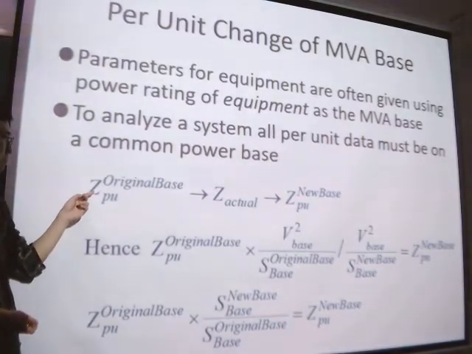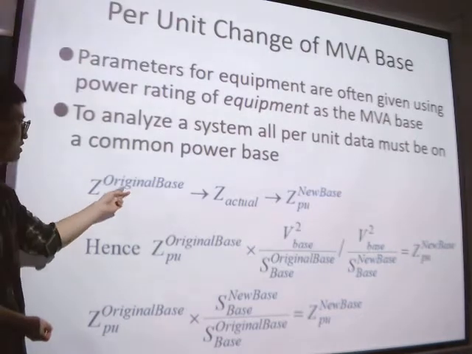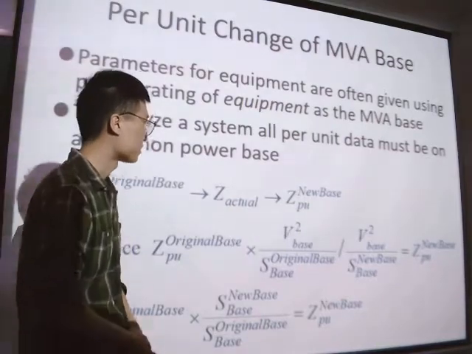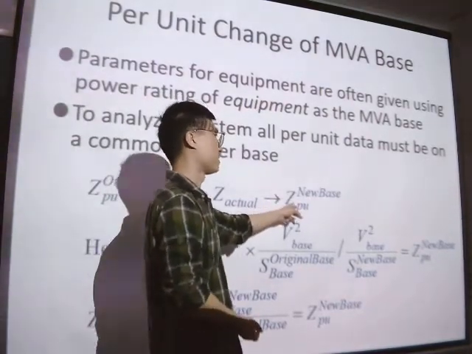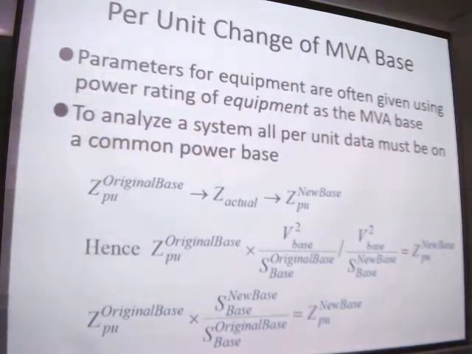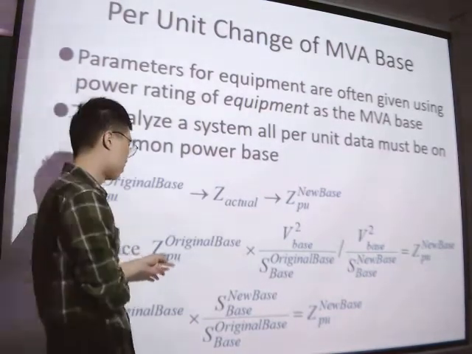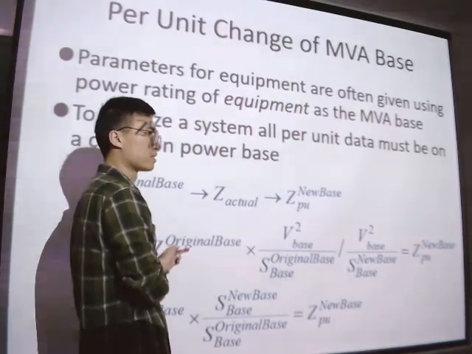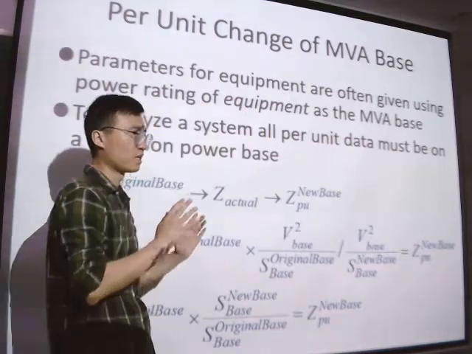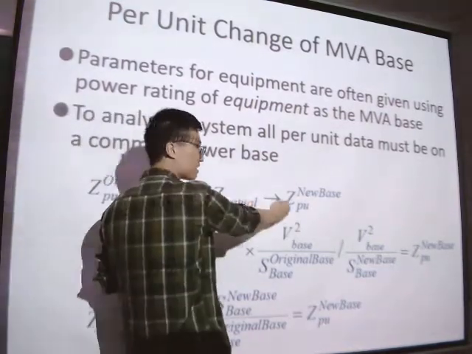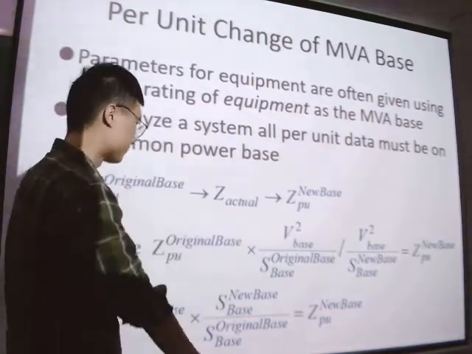For example, the impedance: the original per unit base is converted to the actual value of the impedance, and then you can get to the new base in the new per unit system, okay? So this page we will discuss the conversion from one per unit system to another per unit system, okay?